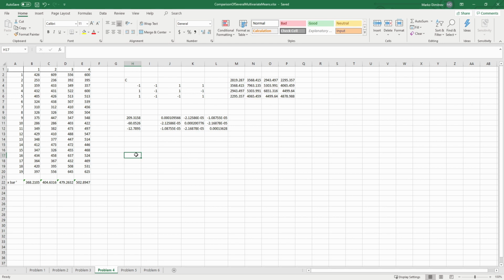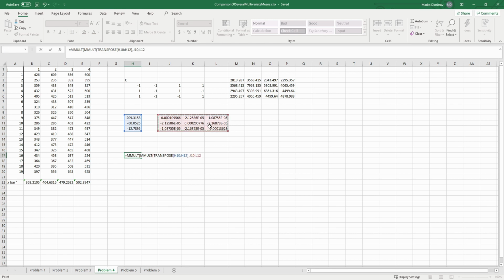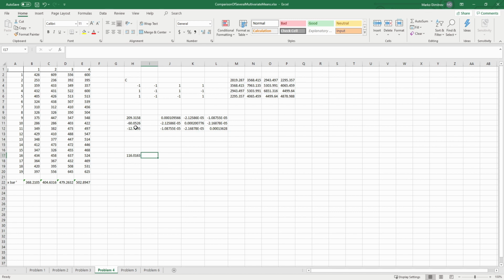And in the end we can compute the T-squared statistic. So we do the matrix multiplication, and in the end don't forget to multiply it by n. And what we also need is our constant.